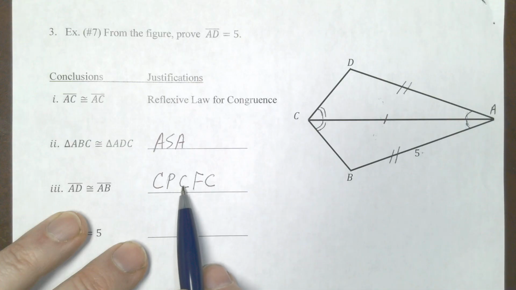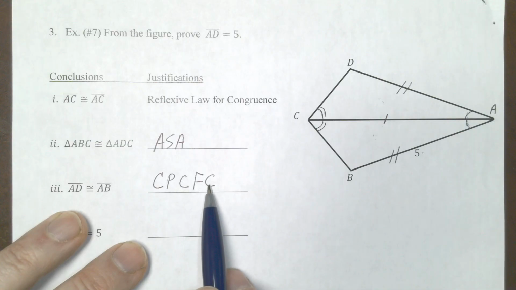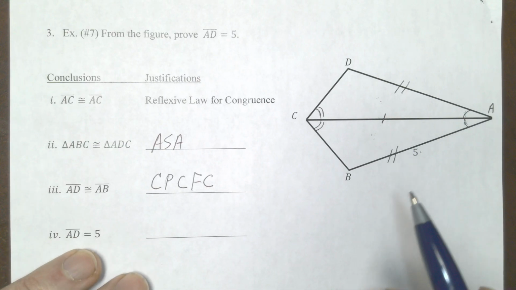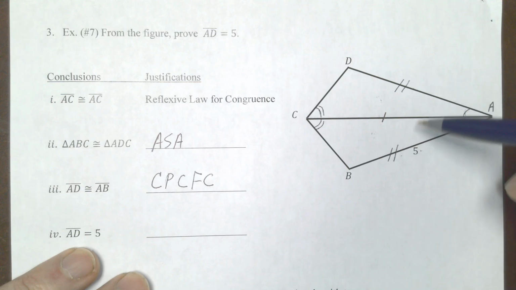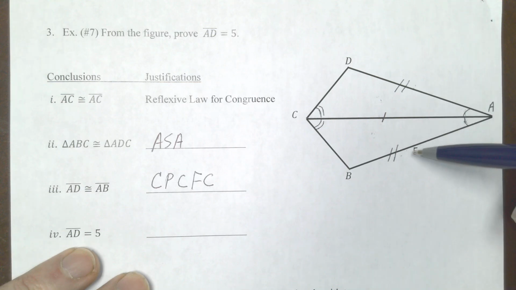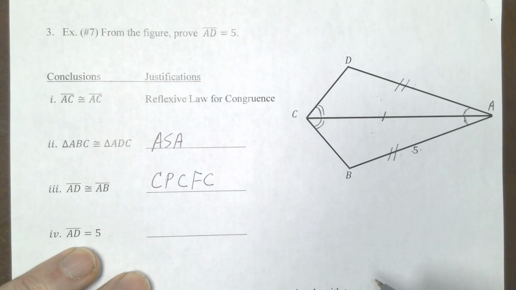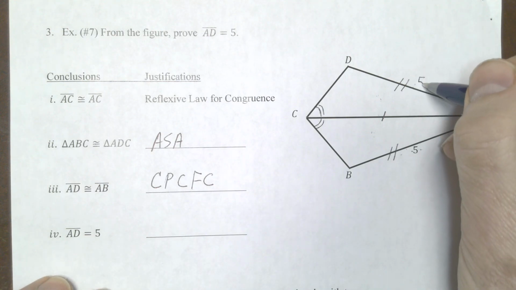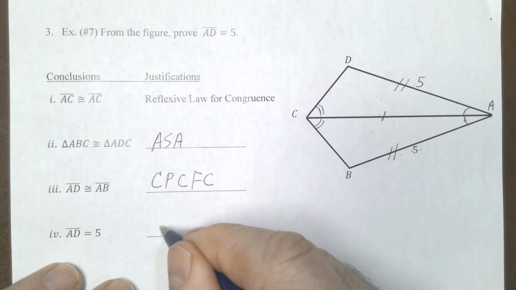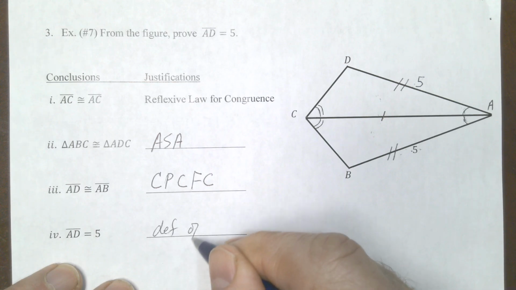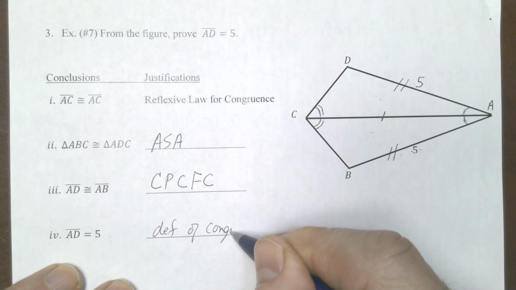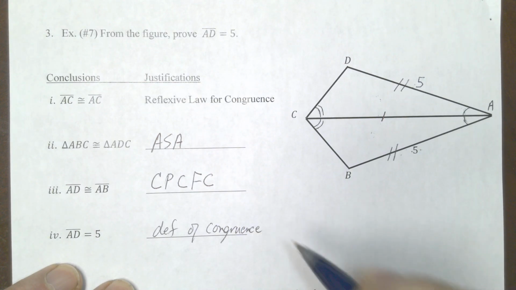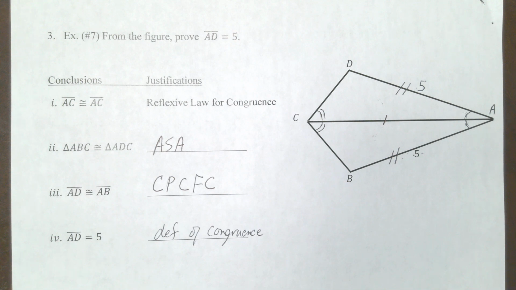Corresponding parts of congruent figures are congruent. Well, that gives it away. This side has to be length 5. If these two are congruent and this one is length 5, that gives us that AD is also 5. That's basically the definition of congruence. Two congruent line segments have the same length.